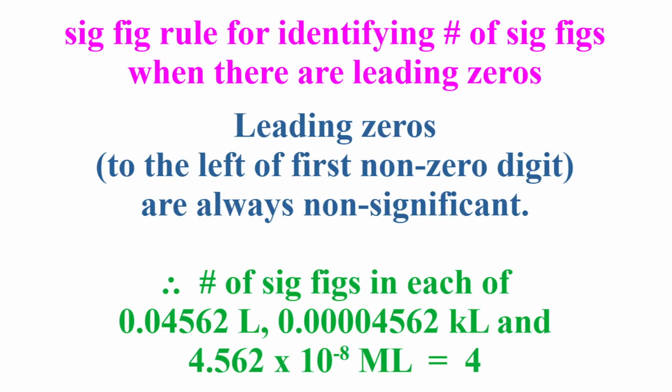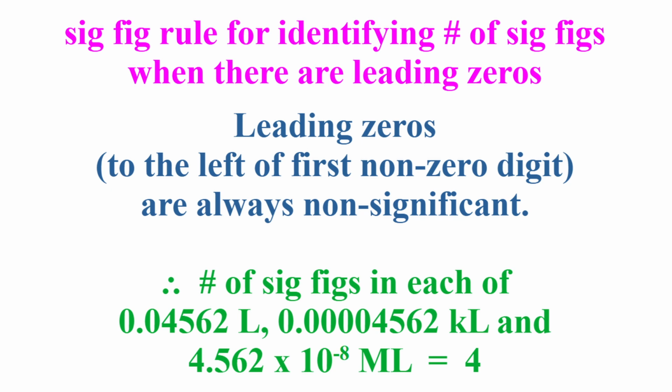the number of sigfigs that is determined by the specific nature of the apparatus used in the measurement process. This simple pattern that's always observed during this kind of analysis is stated as a simple rule for identifying the number of sigfigs in a given number, namely leading zeros are always non-significant.